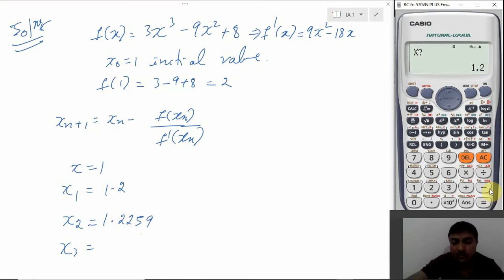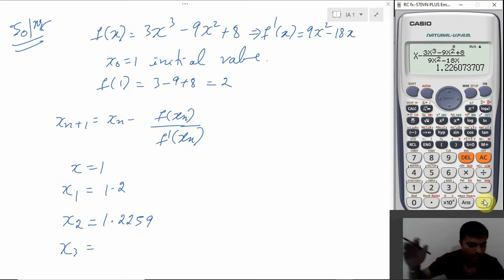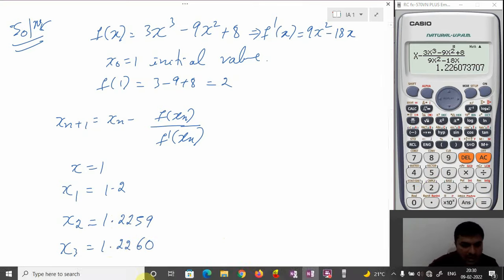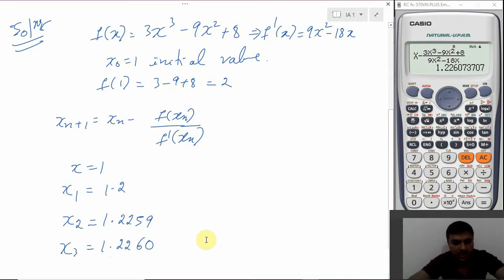Press equal to again. It's asking what is x. 1.2259 is the x value, equal to, 1.2260. Okay, substitute the value 1.2260.